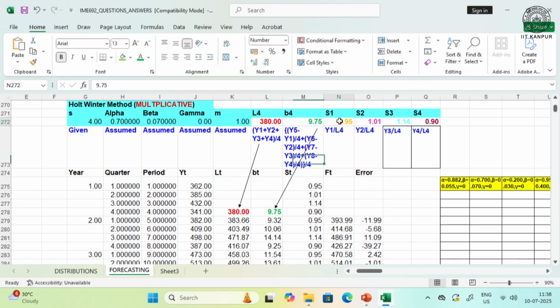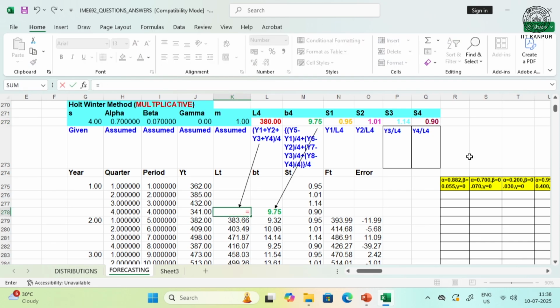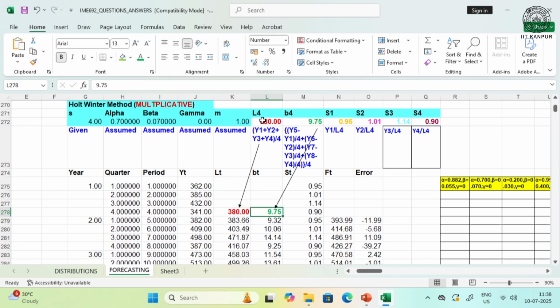Now, the values of S1, S2, S3, S4, which are marked in yellow, pink, light blue and dark brown. So, 0.95 is actually the value which you have. This would be copied from here. Perfect.